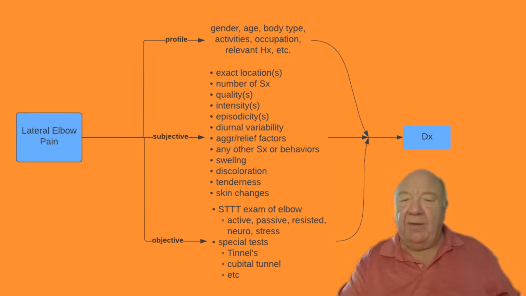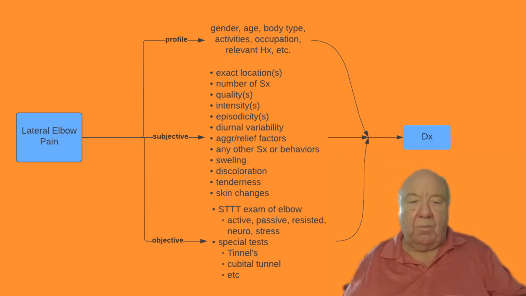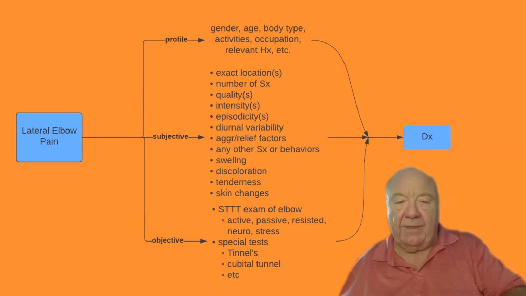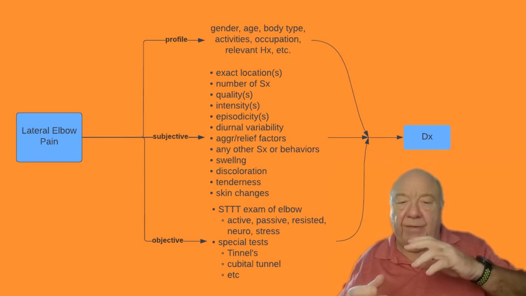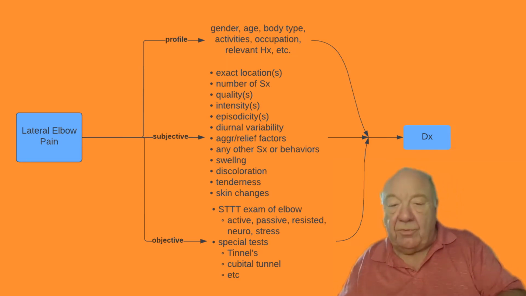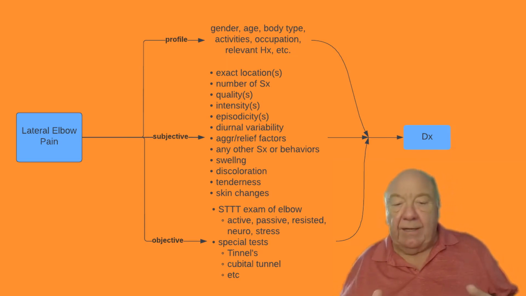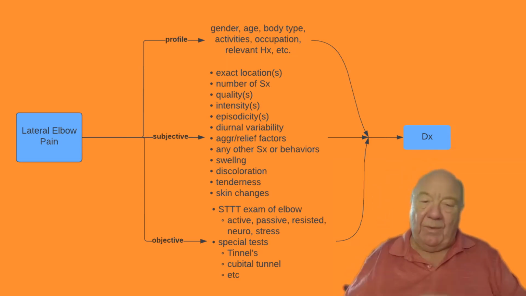What's it like in the morning? What's it like at night? What makes it worse? What makes it better? Any other behaviours that will affect the symptoms, or any other symptoms that haven't been already mentioned. Have you noticed any swelling at any time? When was it?